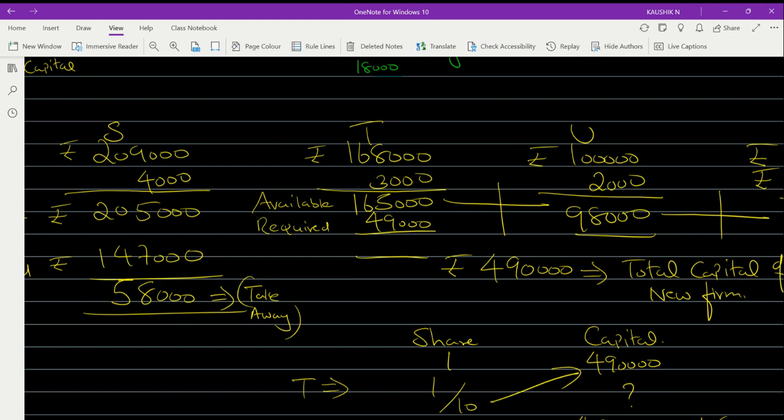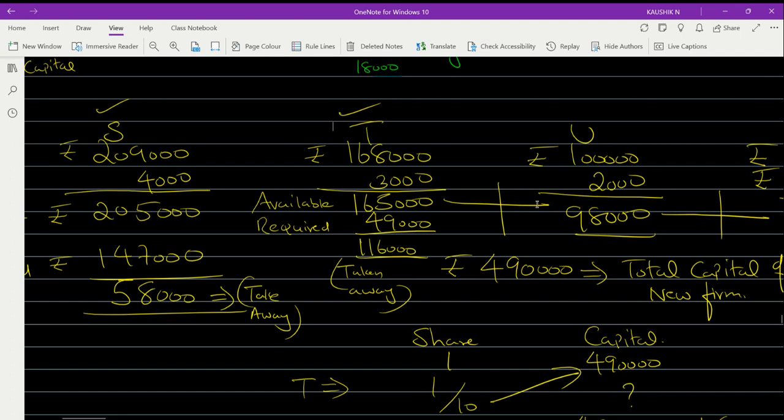What is required? So what is that excess money? Calculate the value, how much you have in excess. 1 lakh 16,000 rupees. So this amount will also be taken away, so it will be taken as withdrawn. So partner S will also withdraw, partner T will also withdraw.